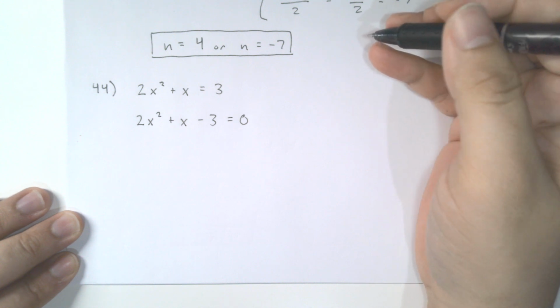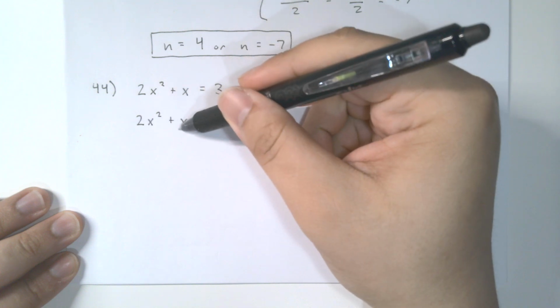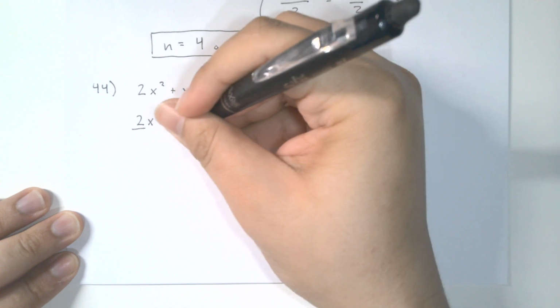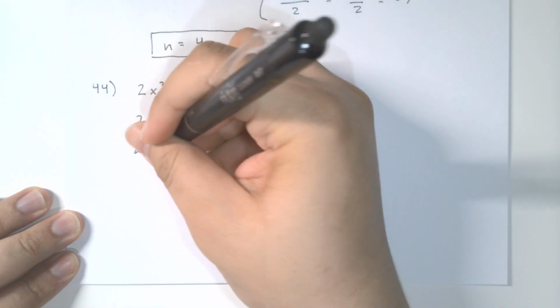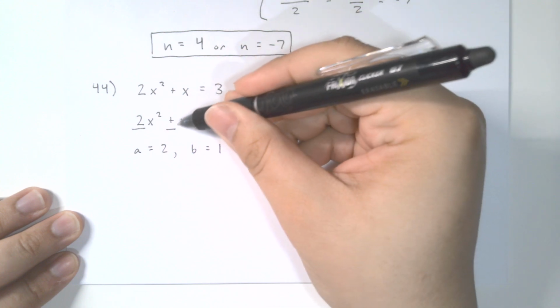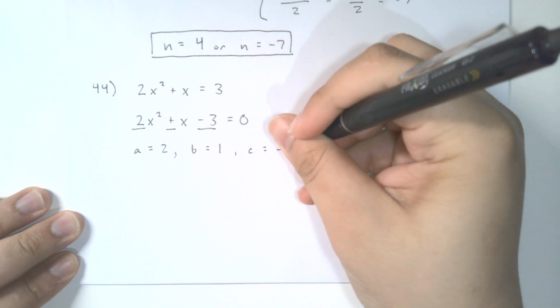So, no greatest common factor between 2, an implicit 1 here, and 3. So we can identify a, b, and c. We have a is equal to 2. b is equal to that implicit 1 right here. And c is equal to negative 3.